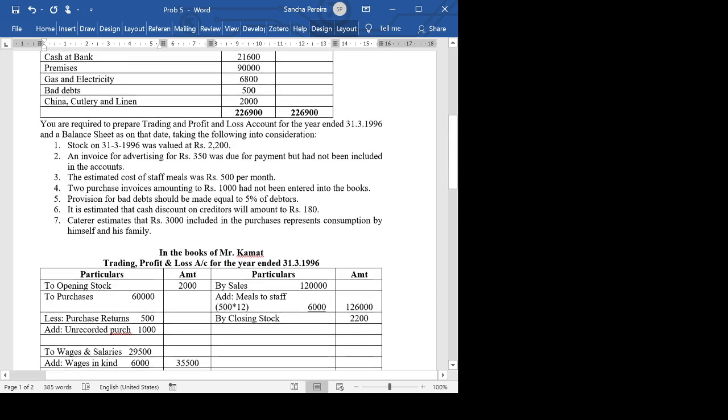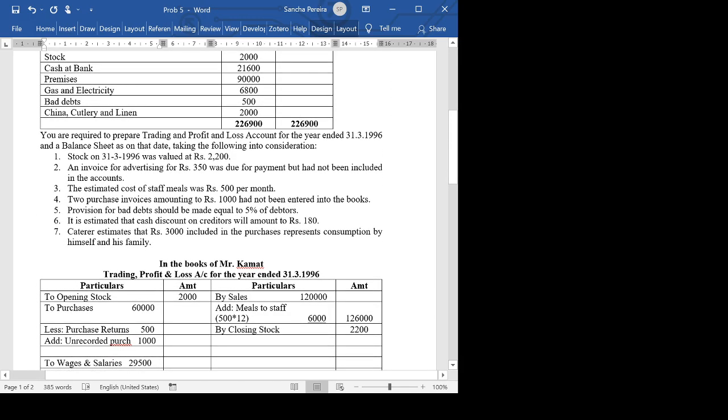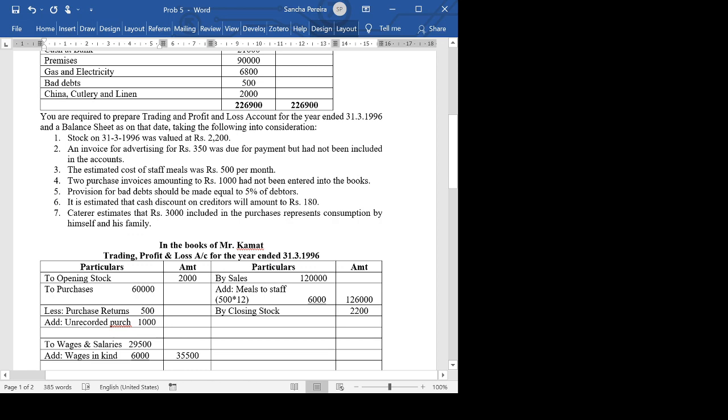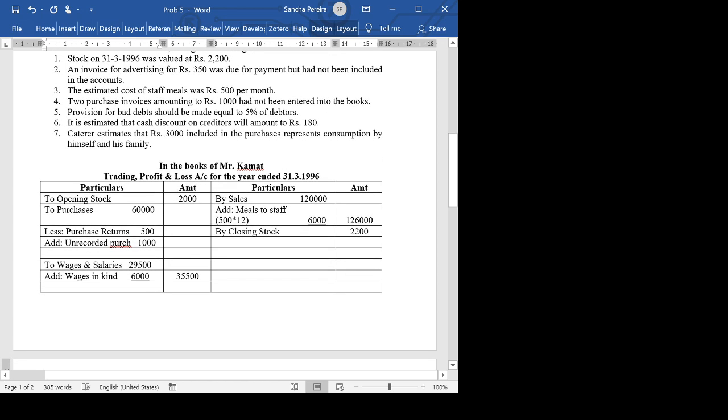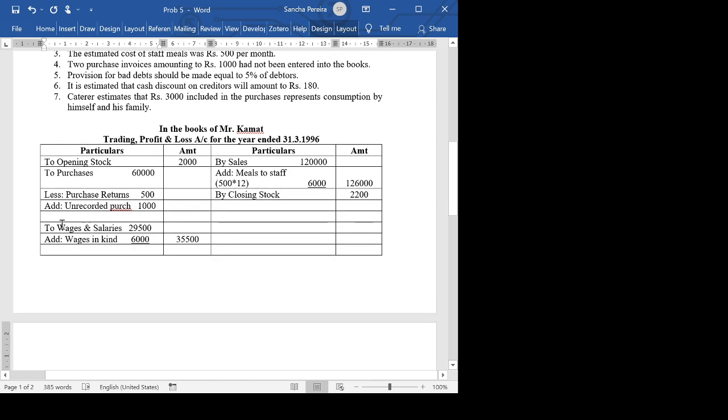Okay, let's do the last one, and then if you have any questions, you can ask me. Caterer estimates that rupees 3,000 included in the purchases represents consumption by himself and his family. So I'm going to say here less drawings, that is 3,000.